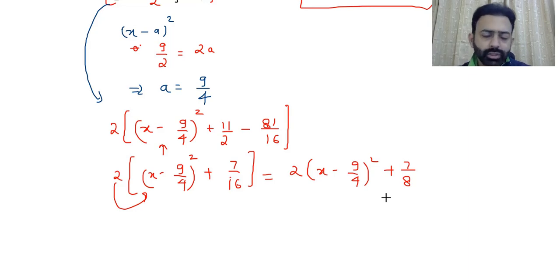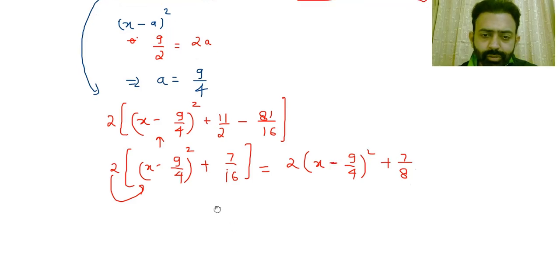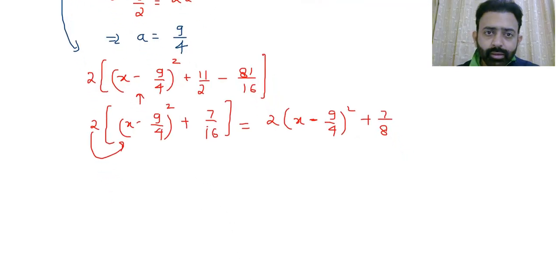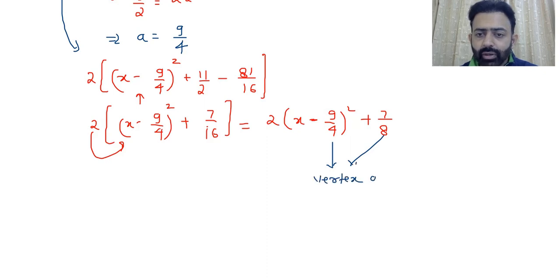Now what is the use of this? This is very, very important. Pay attention. This 9 by 4 and this 7 by 8 are the vertex of the parabola. Why am I saying parabola? Because it is a U-shaped curve.